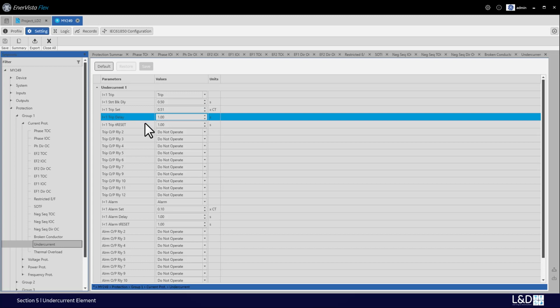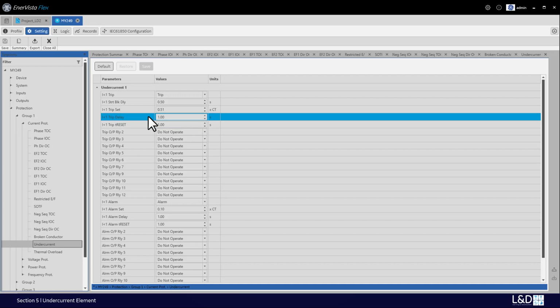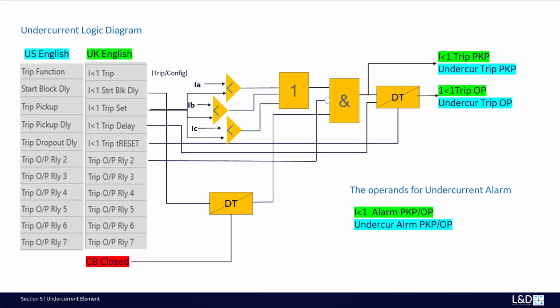Then the delay and the T reset are the same as the most current elements, used for the delay and for the dropout. In the logic diagram of undercurrent, we will show how the trip element works. The alarm has the same principle.